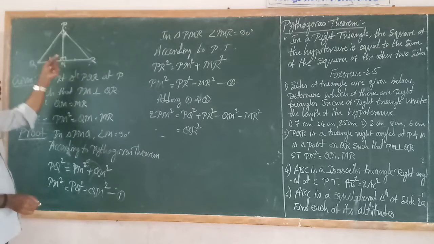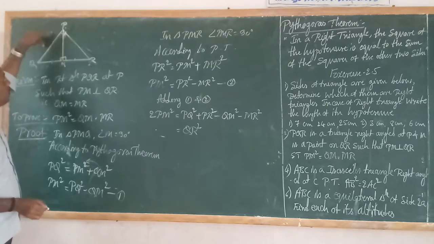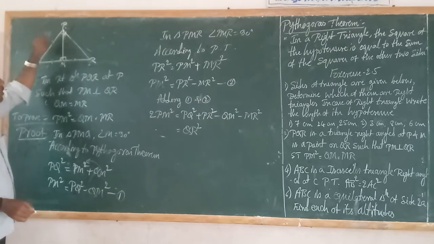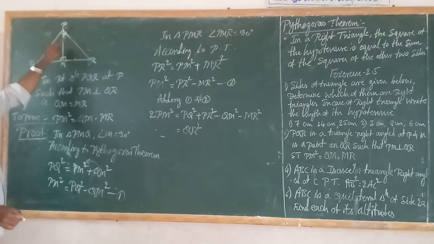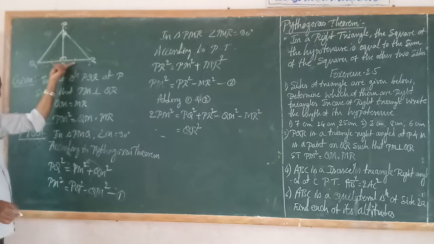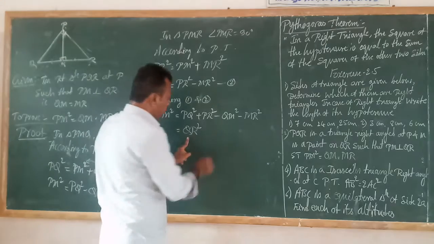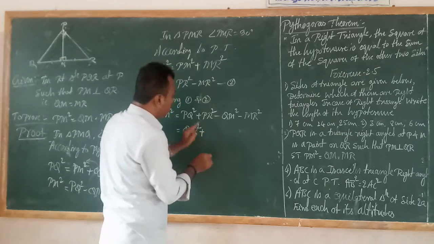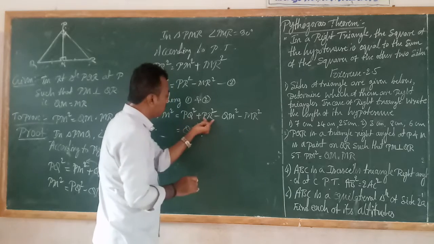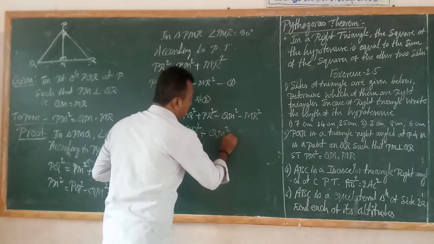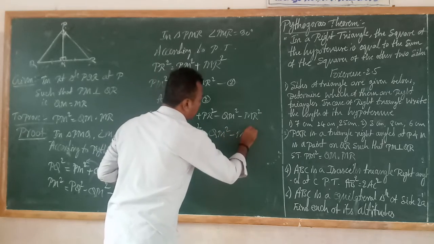The square of the hypotenuse equals the sum of the squares of the other two sides. So I write QR square, minus QM square minus MR square.